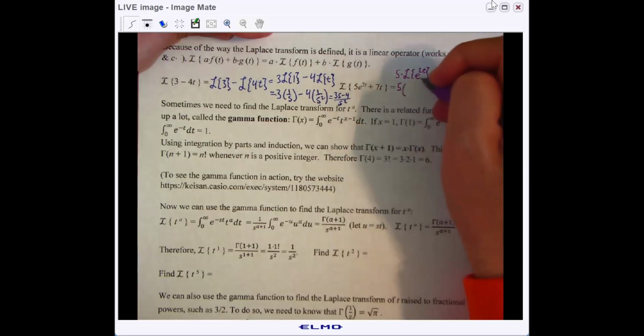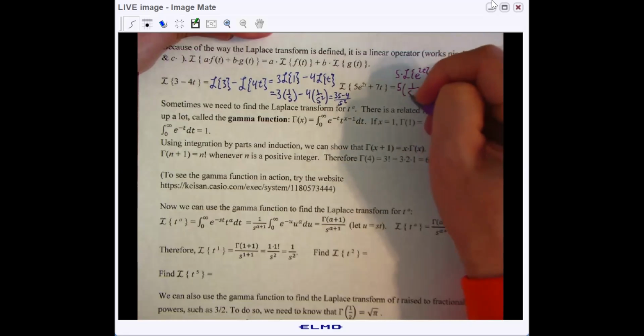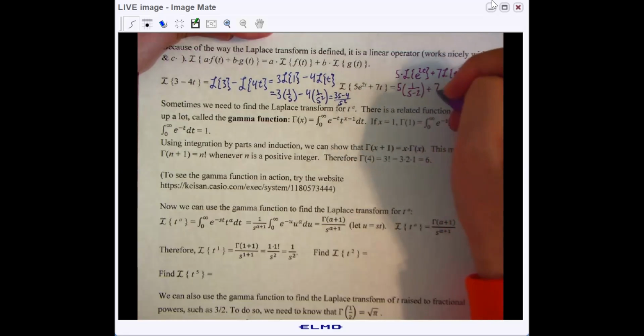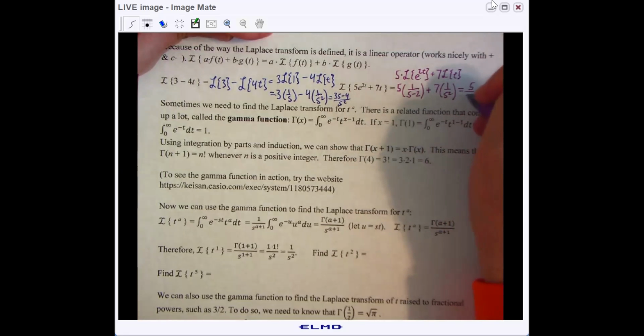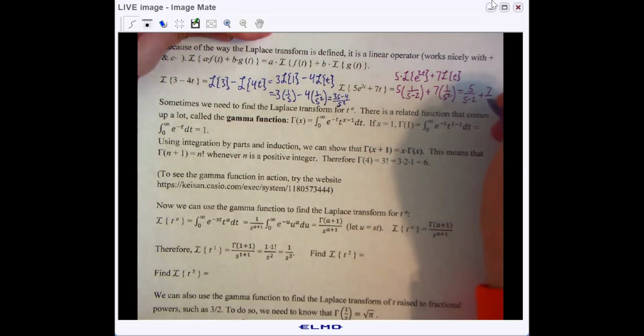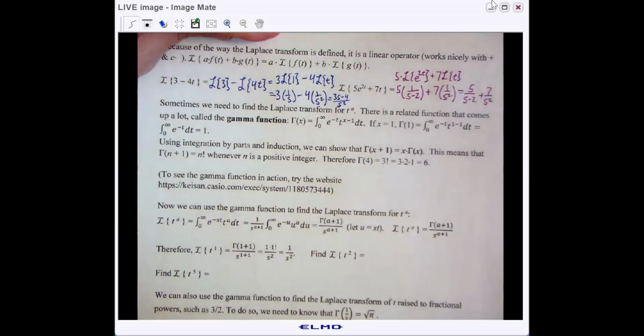The Laplace transform for e to the 2t is going to be 1 over s minus 2, plus 7 times the Laplace transform for t, which is 1 over s squared. And if we simplify that, we've got 5 over s minus 2 plus 7 over s squared.